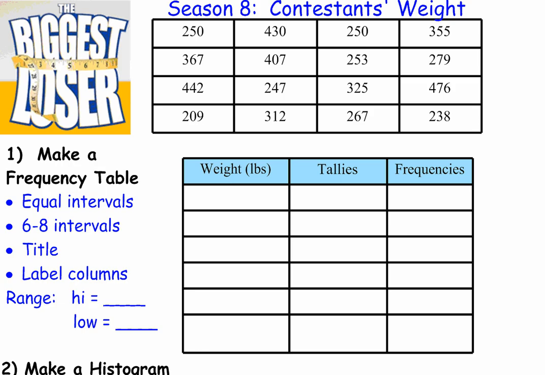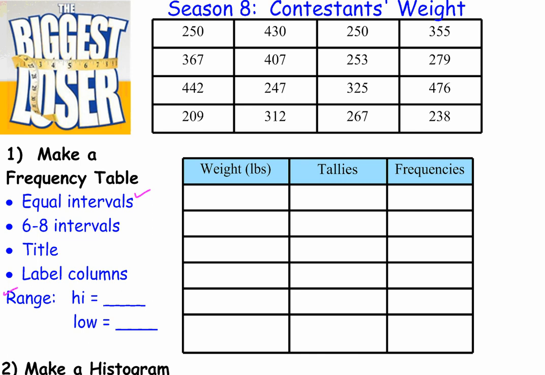So I have some data here from season 8, the contestants' weight when they were on The Biggest Loser. This was their beginning weights. We're going to use that data to take us into a frequency distribution first and then into a histogram. First thing I want to do is create equal intervals. In order to do that, I need to know what the range of my data is.